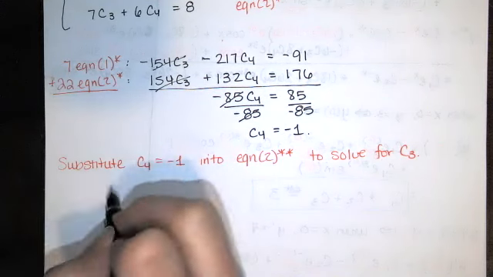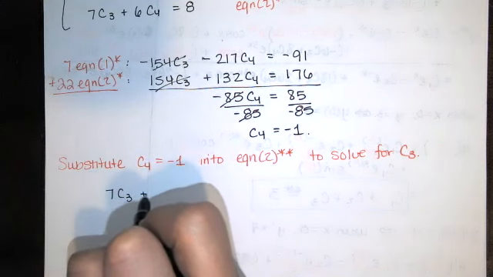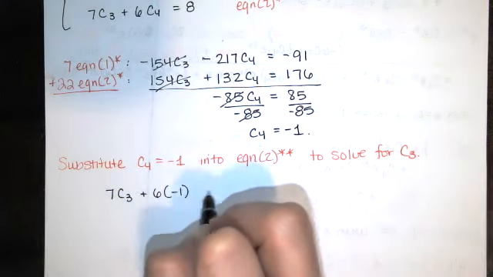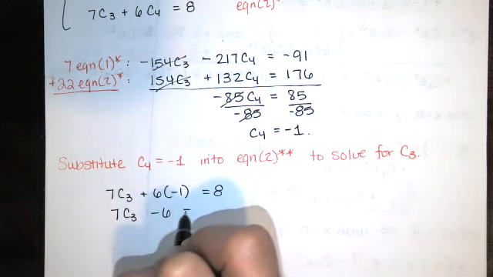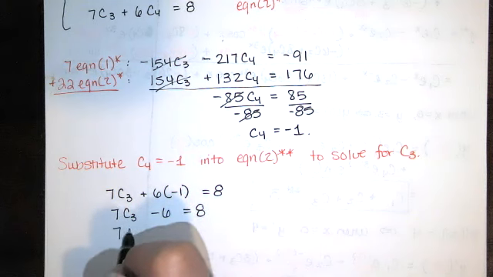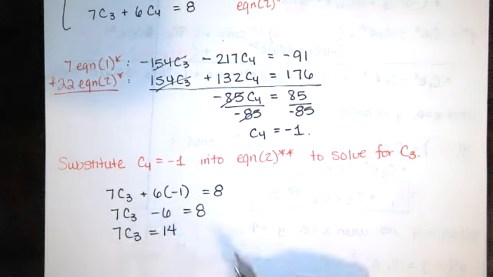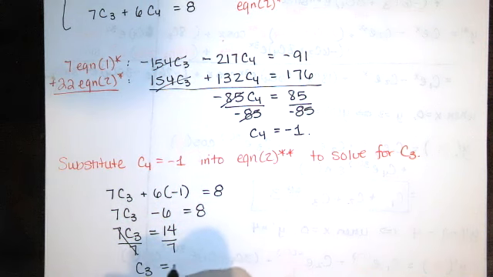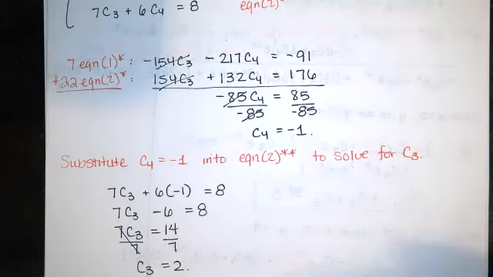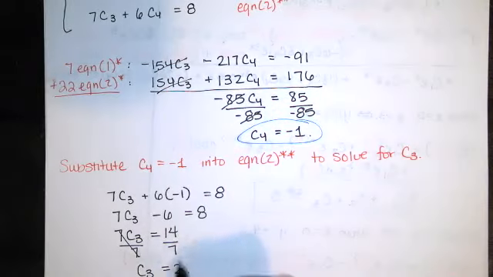Okay, so we've got 7C3 plus 6 times C4 equals 8. So 7C3 minus 6 equals 8. Add 6 to both sides and divide by 7. And we get C3 equals 2. That's very nice. You can tell it's a textbook problem.